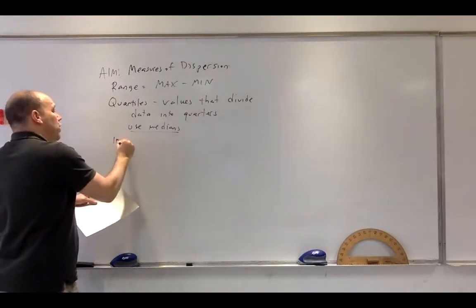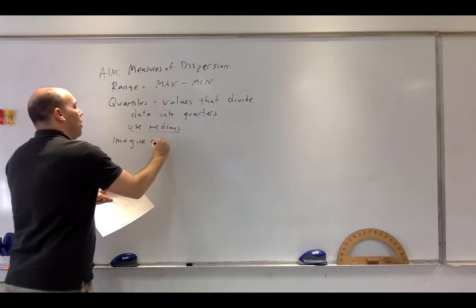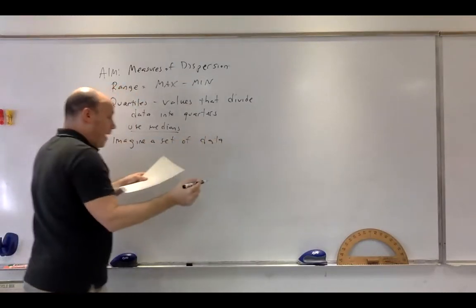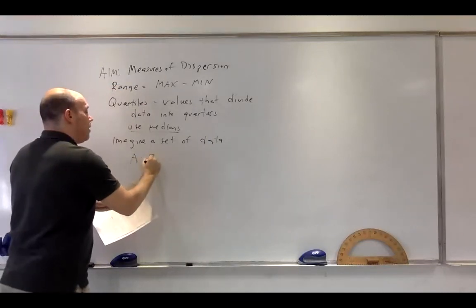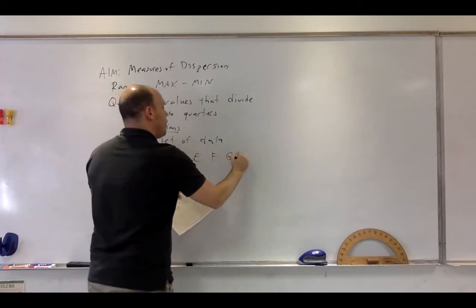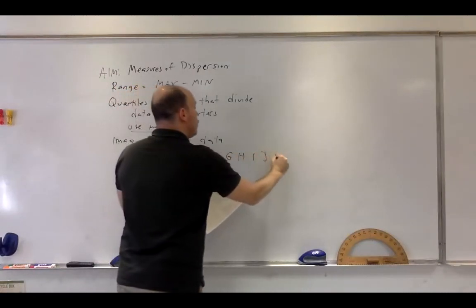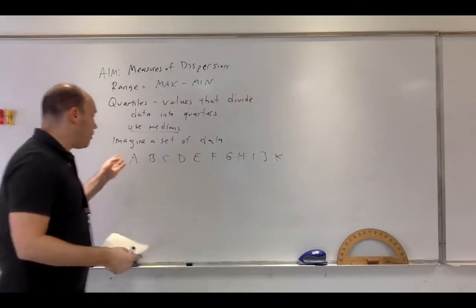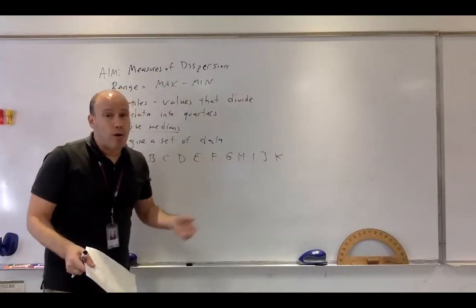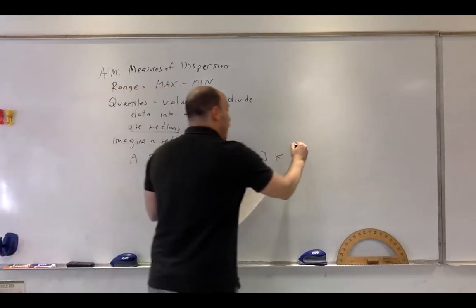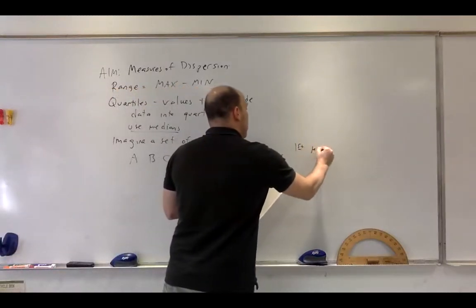So imagine a set of data, and I'm going to call it A through K. A, B, C, D, E, F, G, H, I, J, and K. Let's assume that this is going in ascending order, and the first thing we're going to do is first find the median.